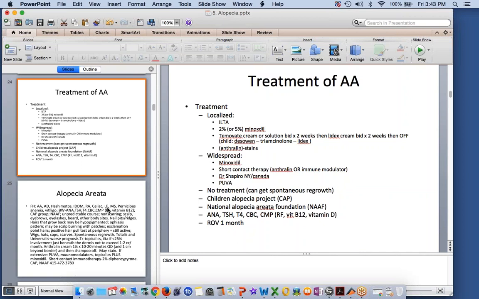These are some other treatments. Minoxidil for widespread. Send them to Dr. Shapiro. PUVA therapy, which we do not have anymore. Anthralin therapy, which is disgusting because it actually turns the skin a different color, and it's an irritating compound.